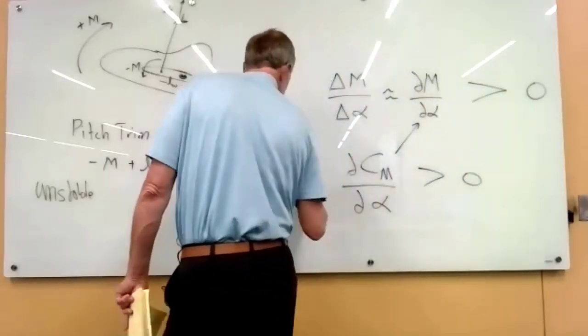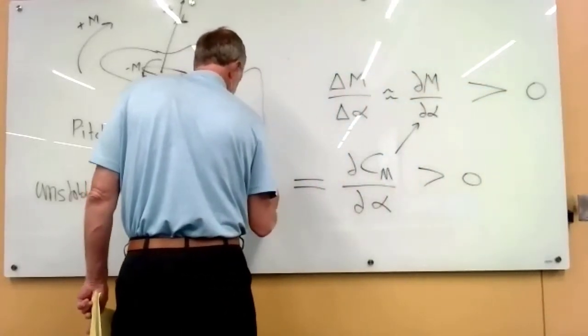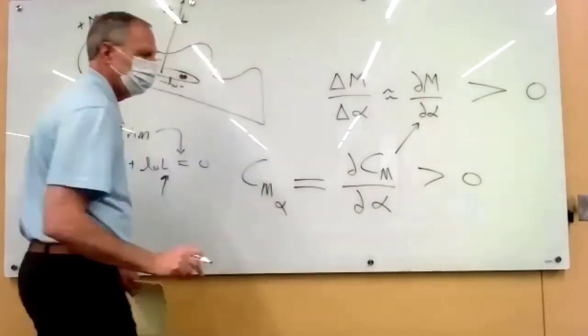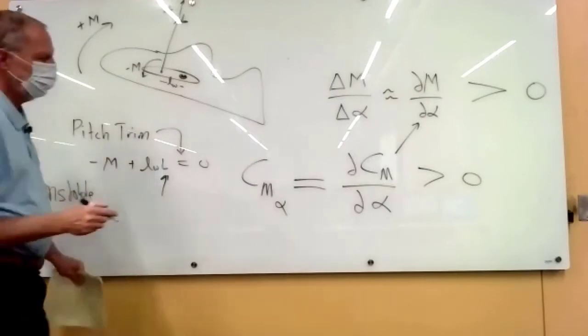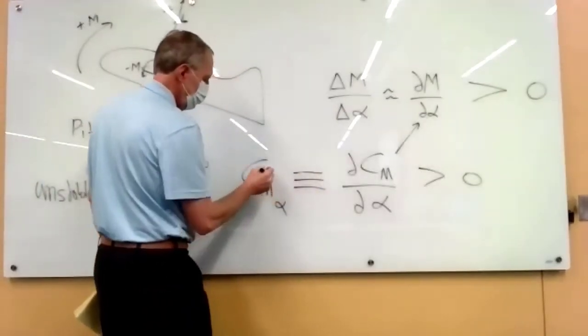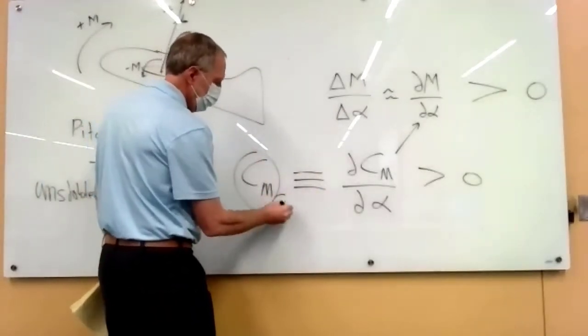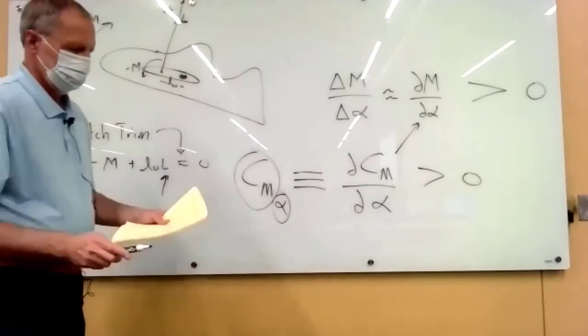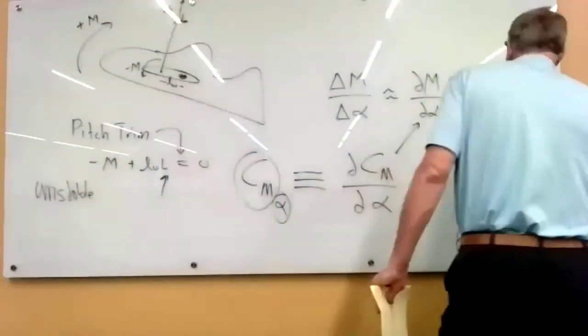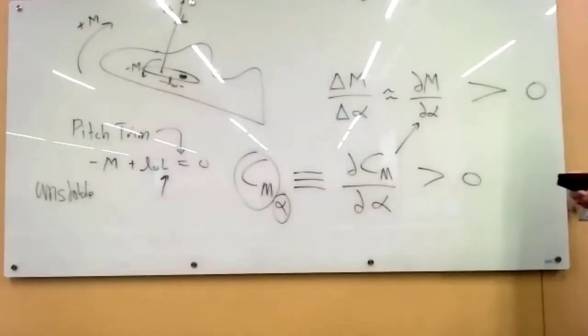And often this is written with a subscript instead of writing the whole derivative. So we define this notation here. This says Cm derivative with respect to alpha. And so if you see this derivative greater than 0, it means it's unstable.